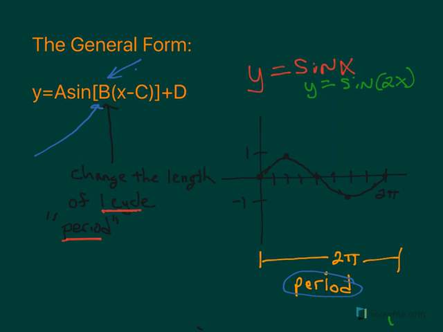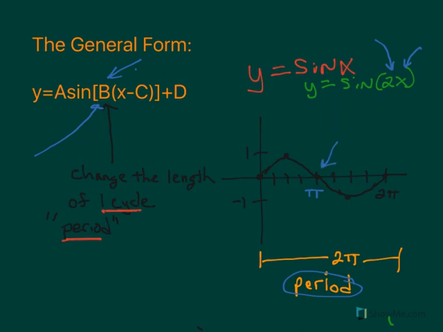Then whatever angle you're putting in for your x value, it's going to get doubled as soon as you put it in the equation. So it's going to make it rotate around the circle twice as fast. So your new period isn't going to be 2 pi, it's going to make one rotation by the time it gets to pi.